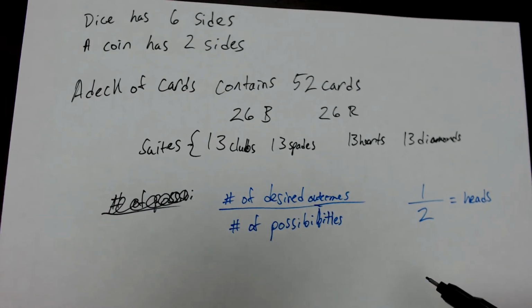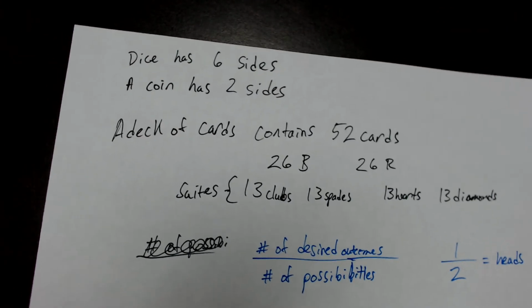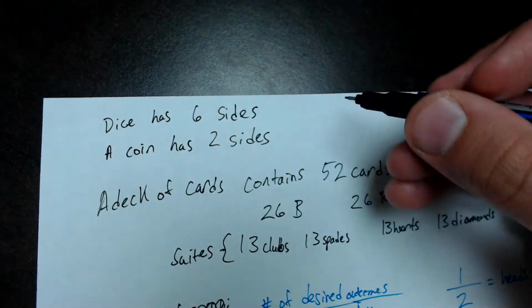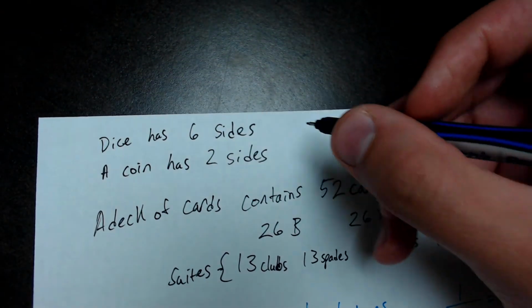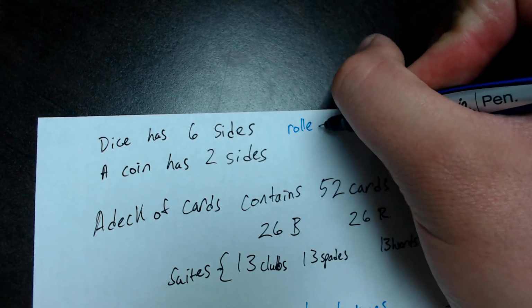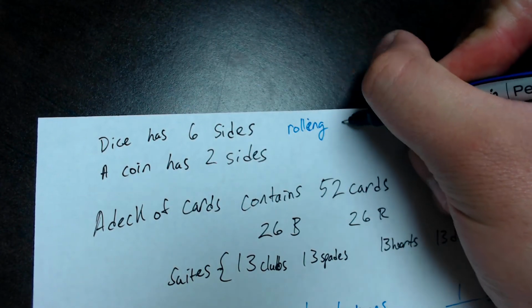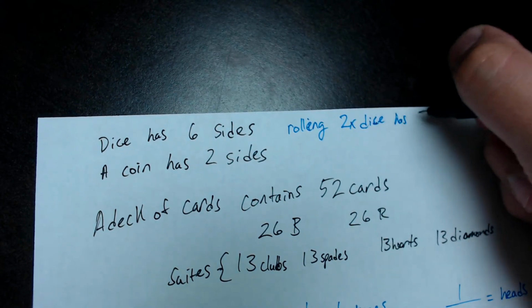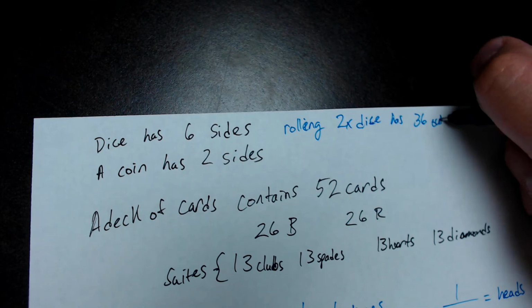Now, let's talk about a dice. Now, dice outcome can be a little bit tricky. Oh, sorry, that's another bit of information. So a dice has 6 sides, so normally that's 6 outcomes. However, rolling 2 dice has 36 outcomes.